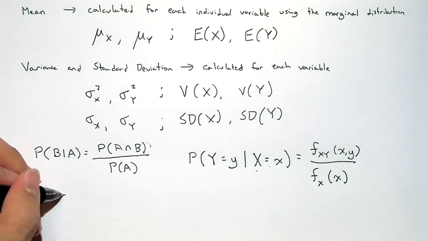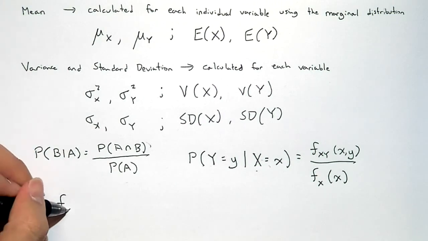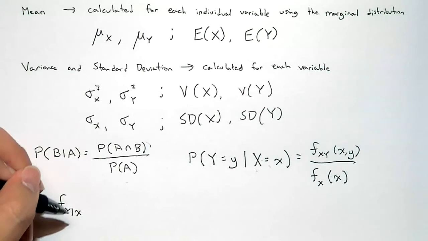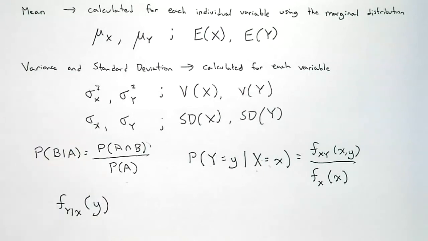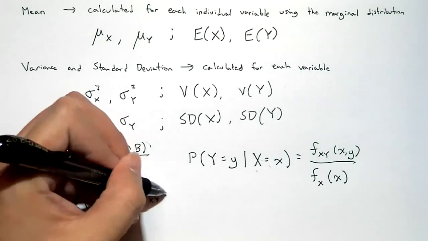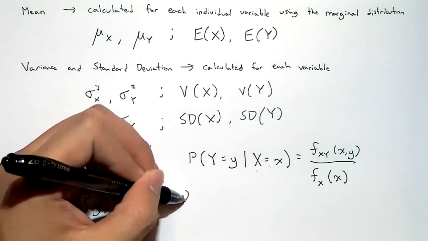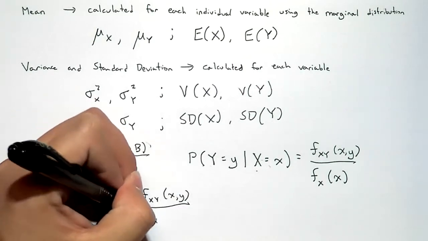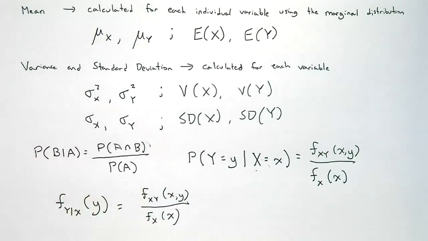The notation for this is typically f of y given x for a specific value of y, and that's equal to the joint probability distribution divided by the marginal probability. You can exchange x and y here.